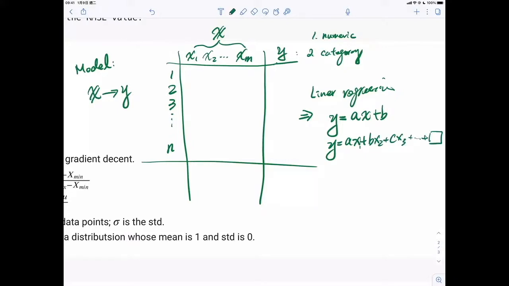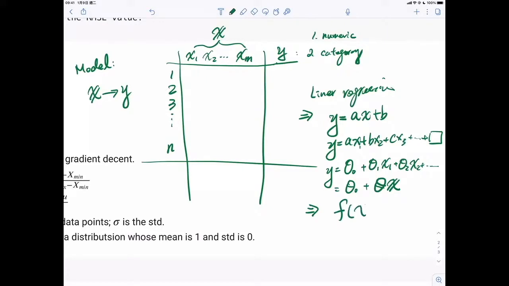Usually we write it in this way, where the variables become theta: theta 0 plus theta 1 x1 plus theta 2 x2, and so on and so forth. Usually we write it as theta zero plus a big theta times x. The meaning behind those notations is the same.